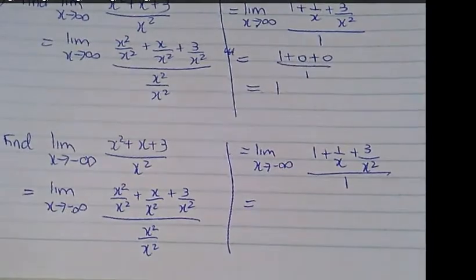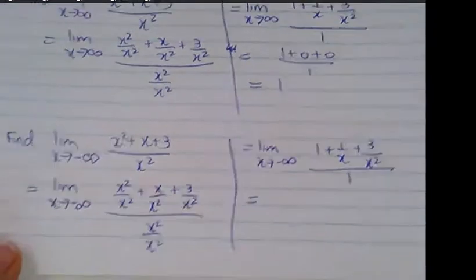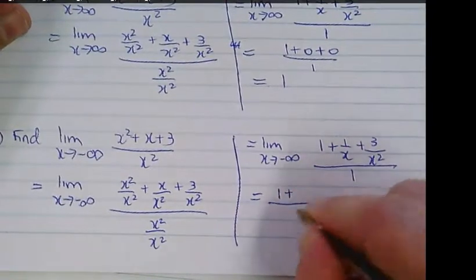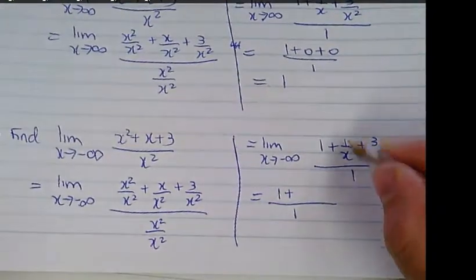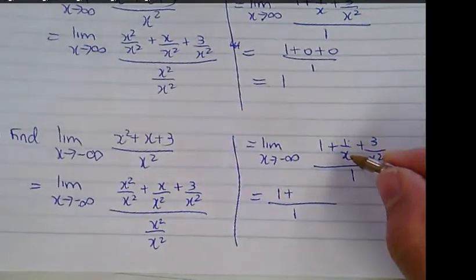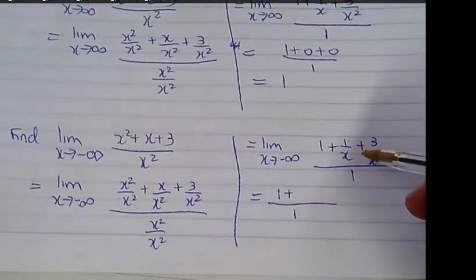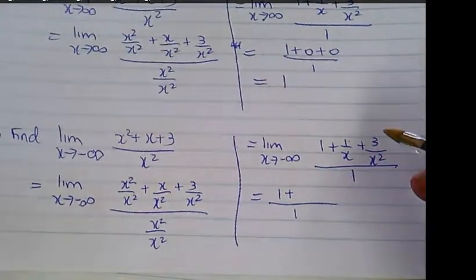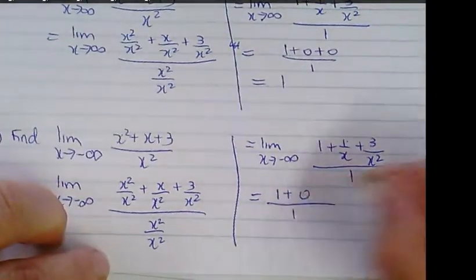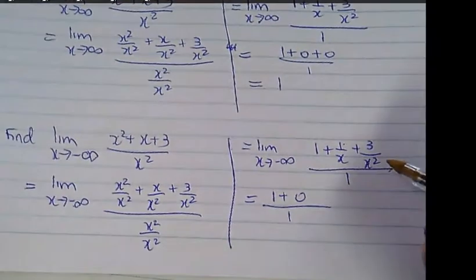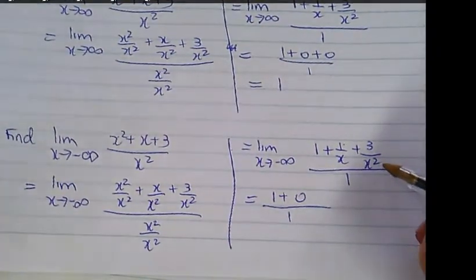Now, as x gets really large and negative, the value of 1 won't change on the numerator or the denominator. But 1 on x, for example, 1 over negative 100 would be negative 0.01. 1 over negative 1,000 would be negative 0.0001. So that approaches 0, but from below. And 3 over x squared would approach 0 from above.